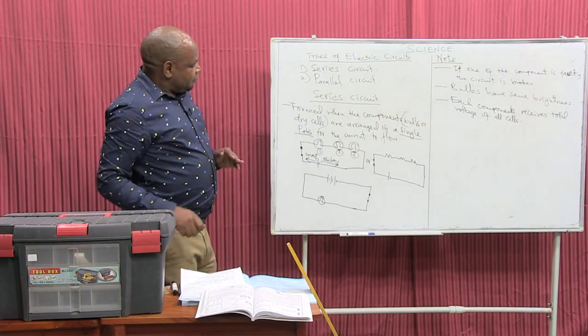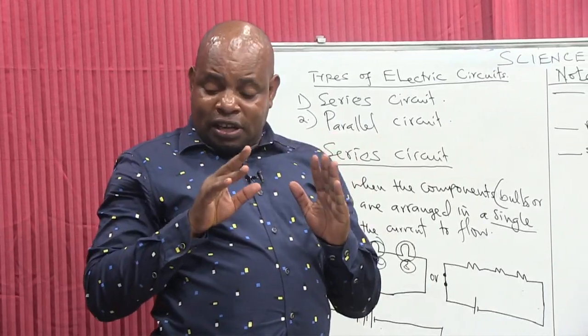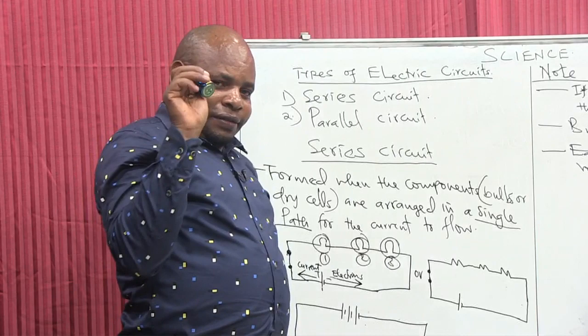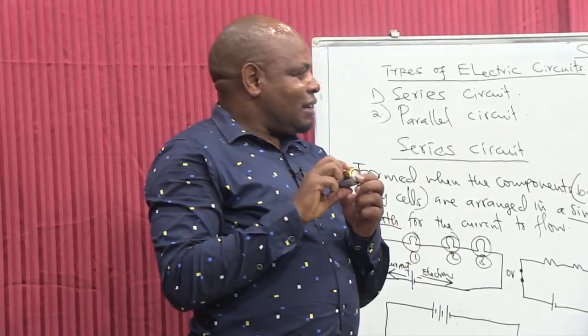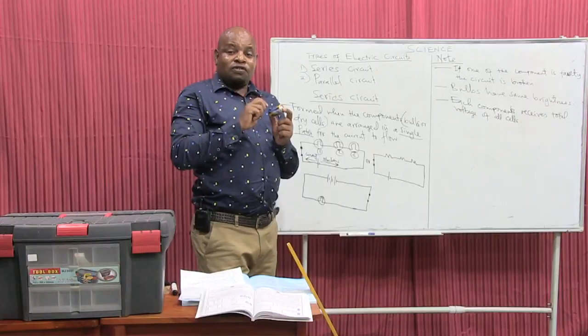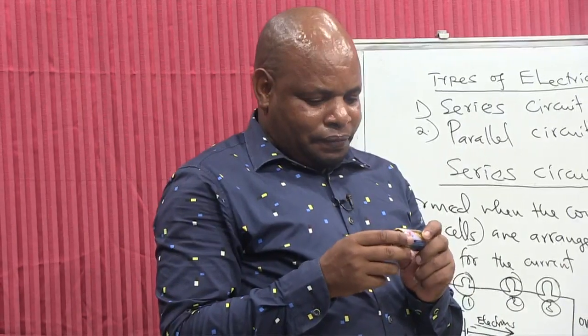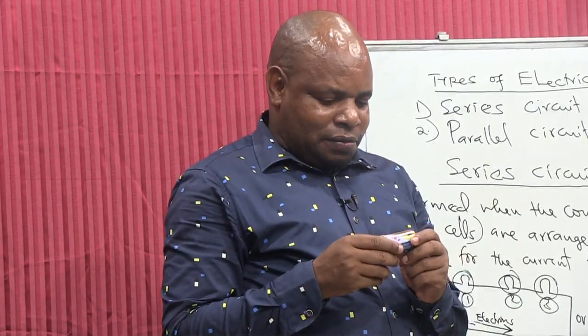If you are very keen on studying what's written on the dry cells, each dry cell shows the voltage. Even the one I'm holding here, it cannot miss, it must be there.